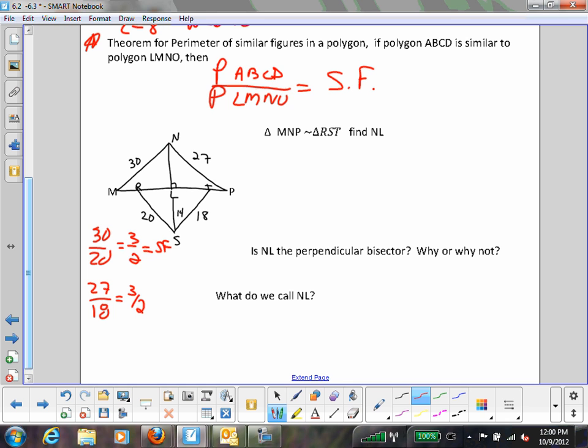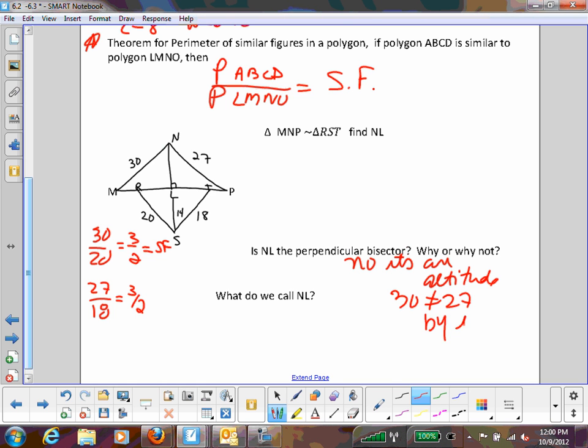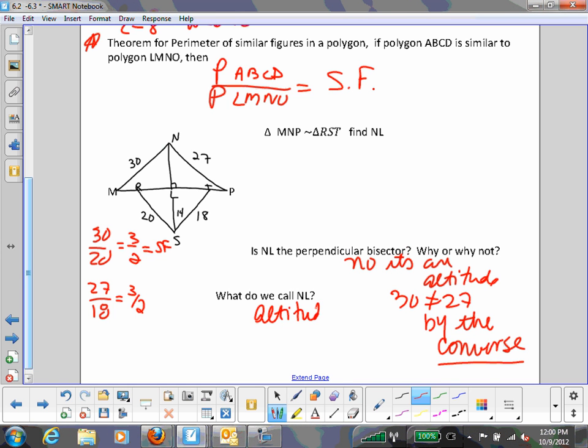What's the converse say? Are these congruent? So therefore, this is not a perpendicular bisector. It is simply an altitude. And why or why not? 30 doesn't equal 27 by the converse. What do we call it? We call it an altitude. All this stuff comes back and haunts you.